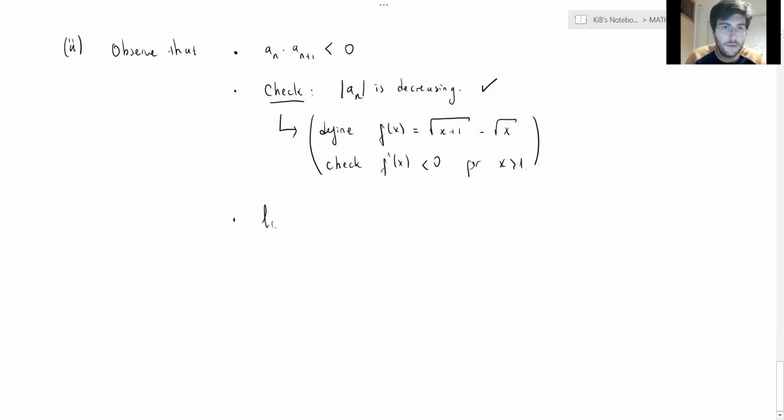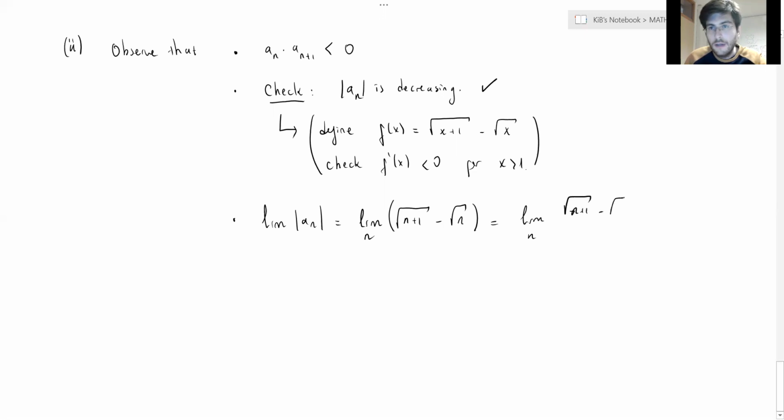Also, look at the limit of the absolute value of a_n. Let's compute: this is square root of n plus 1 minus square root of n. Remember the trick: you multiply and divide by exactly the same term but with a plus sign, square root of n plus 1 plus square root of n.